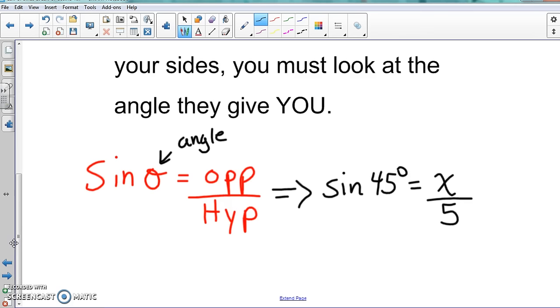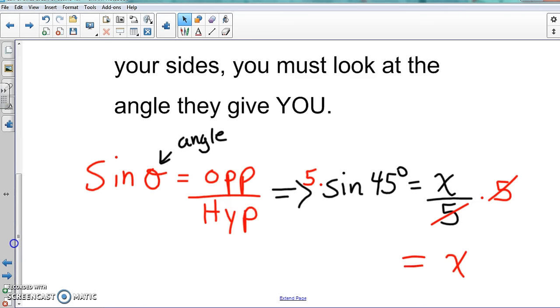We need to multiply both sides to get that 5 to cancel out. So we get x equals 5 sine 45 degrees. In the calculator, make sure you're in degree mode, because we're talking about 45 degrees. Hit the mode button to change it to degree mode, which we already talked about.